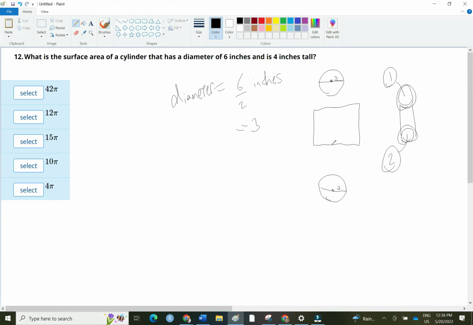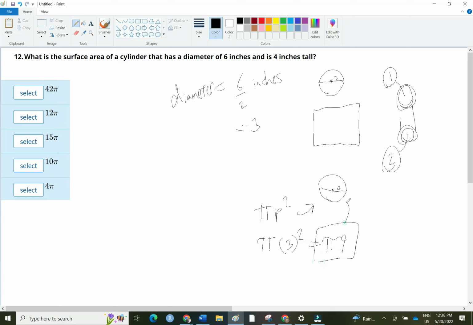Now, the formula for the area of a circle, not the circumference. The circumference is diameter times pi. The area of a circle is pi times radius squared, right? Your radius is 3, so you've got pi times 3 squared, which is equal to pi times 9.